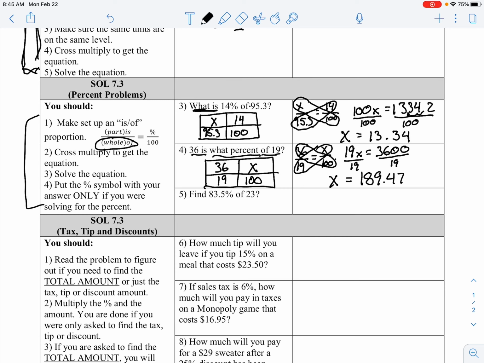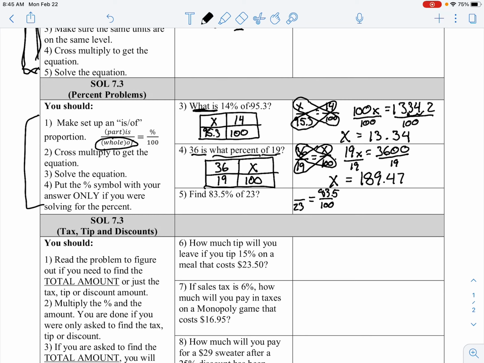All right, so let's try to do this one without a window. I'm just going to go straight up proportions here. So remember, the boxes still correspond with our spaces. So 100 will go here, and I want 83.5% of 23.